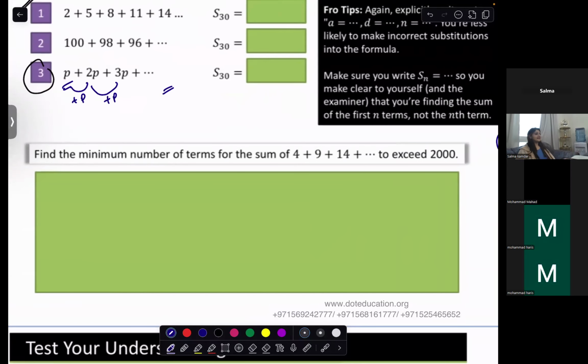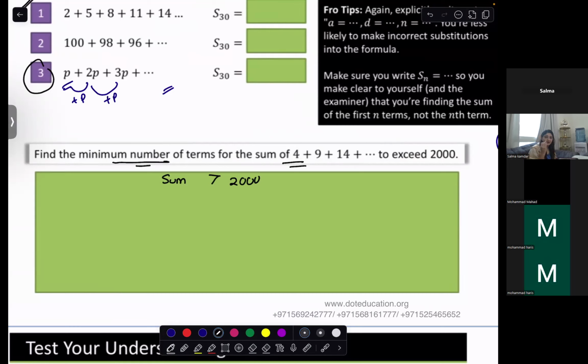What are they telling me? We need to find the minimum number of terms for the sum to exceed 2000. So that means I want the sum to be more than 2000.